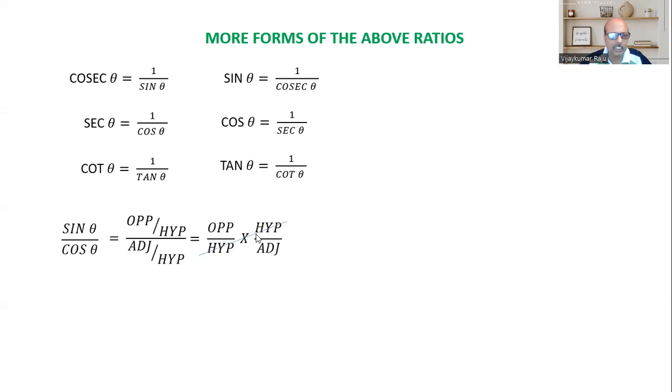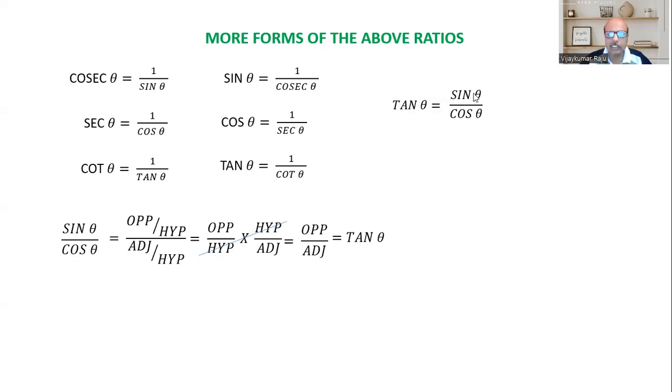Hypotenuse gets cancelled, and what you are left with is opposite upon adjacent, which is nothing but the tan of the angle. So you have one more relation: tan theta is equal to sine theta upon cos theta. We have learned tan theta as opposite upon adjacent, but tan theta can also be written as sine theta upon cos theta.